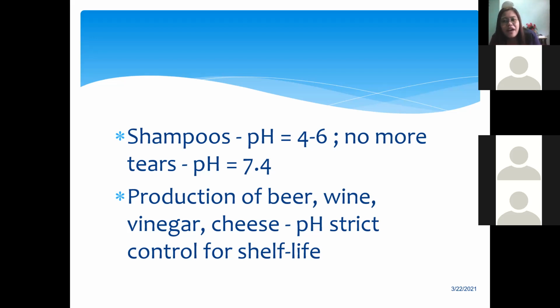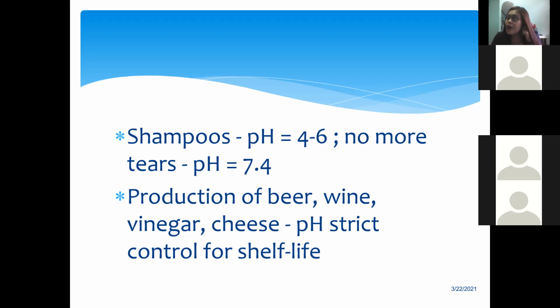And then we have foods, class, where the pH is controlled to control the shelf life. Shelf life is the period in which you can ensure your product is stable. We use the expiration date, which determines the shelf life of your product.